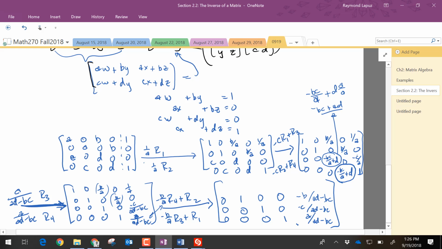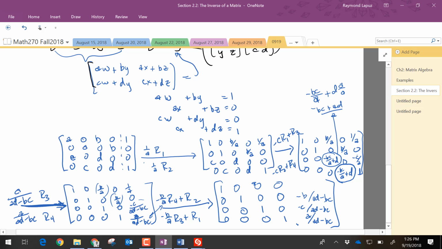Same denominator. And then my third component in my first row will also disappear because I'm getting rid of that from the third row. And then I'm going to multiply that by negative B over A also. So what am I multiplying?